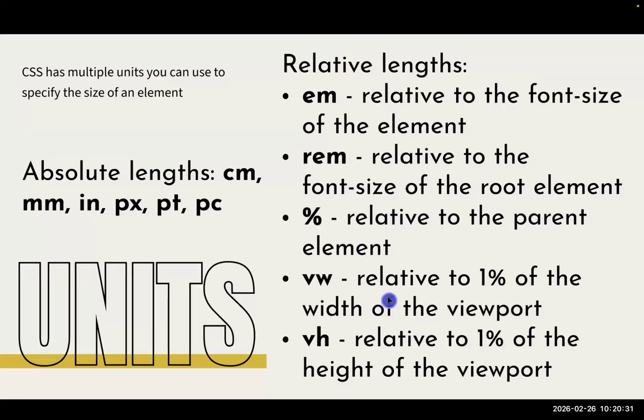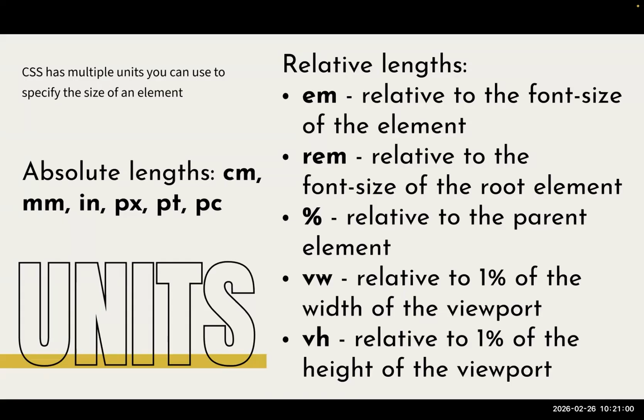And then we have these last two, VW and VH. So this is relative to what is called the viewport. And the viewport is just a common term for the device screen size. So if I'm accessing on my phone, this screen is my viewport. And VW is going to be the width of my screen, so left and right.